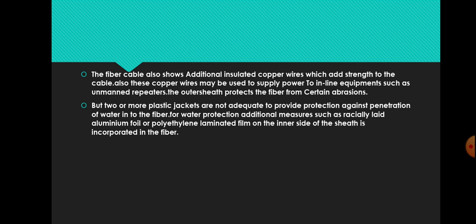And the fiber cable also shows additional insulated copper wires, and that adds strength to the cable. Also these copper wires may be used to supply power to inline equipment such as repeaters or amplifiers, and the outer sheath protects the fiber from certain abrasions.